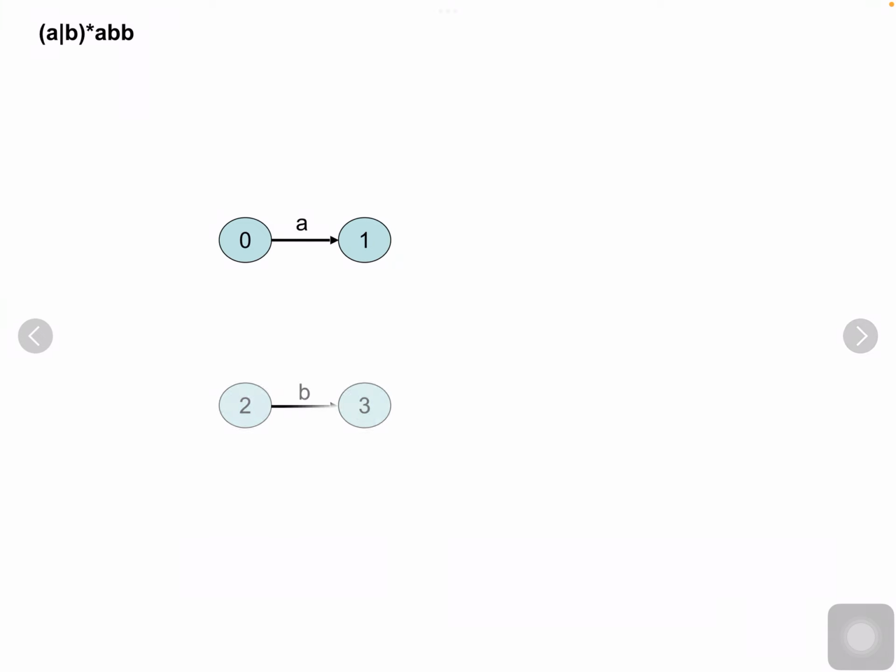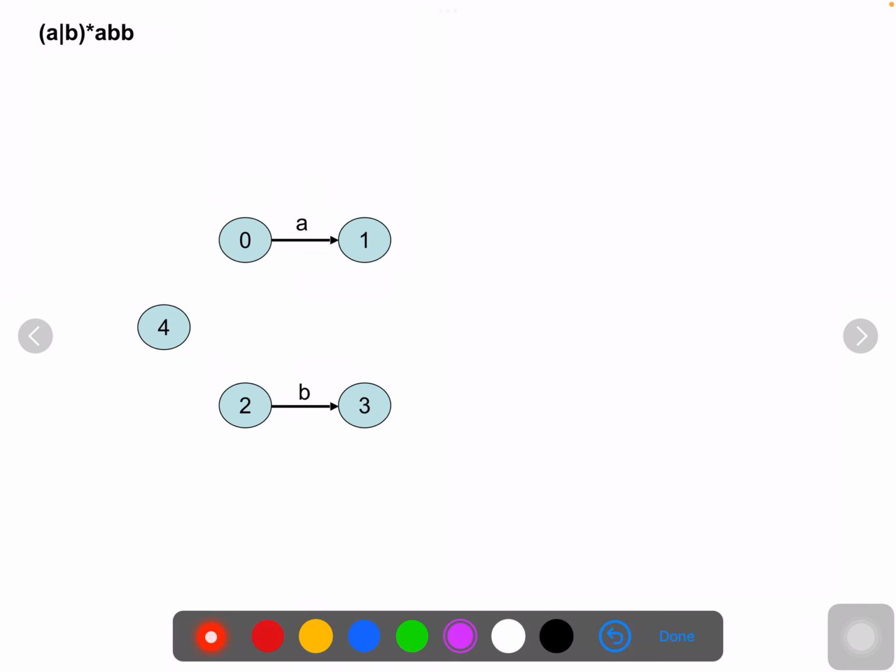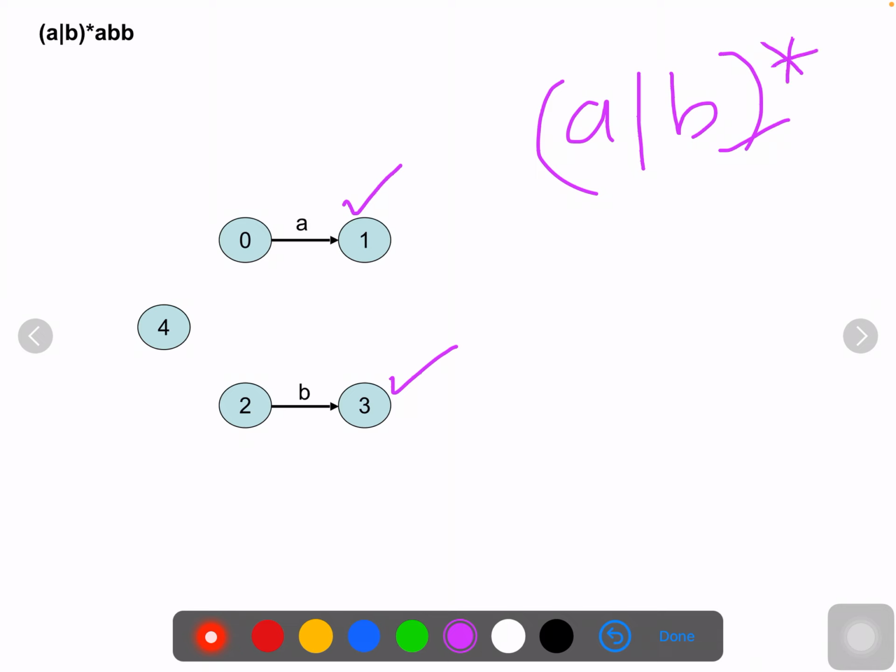I'll take our previous example, (a bar b) star abb. For that, it is either accepting a or b star. I'll take first a and second b, which comes under case number 1, union. So that means it is accepting a or b. The a is constructed and the b is constructed. I need to construct (a or b) star. Now I am doing that.